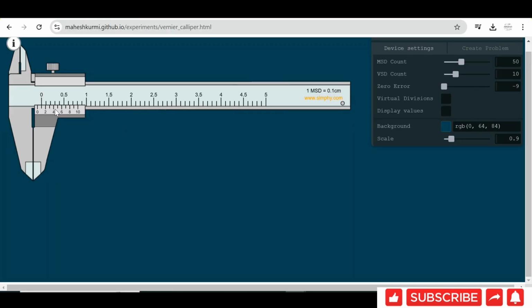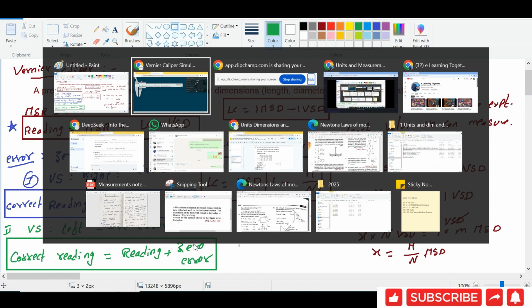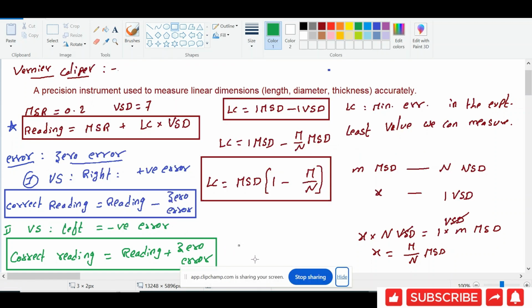Why did we add? Because when I kept some sheet here, the reading is 0, but actually it is not 0. There is some thickness that we are not getting because of the 0 error, that is negative 0 error, and you have to add it to your reading. Hope you understand. Thank you.